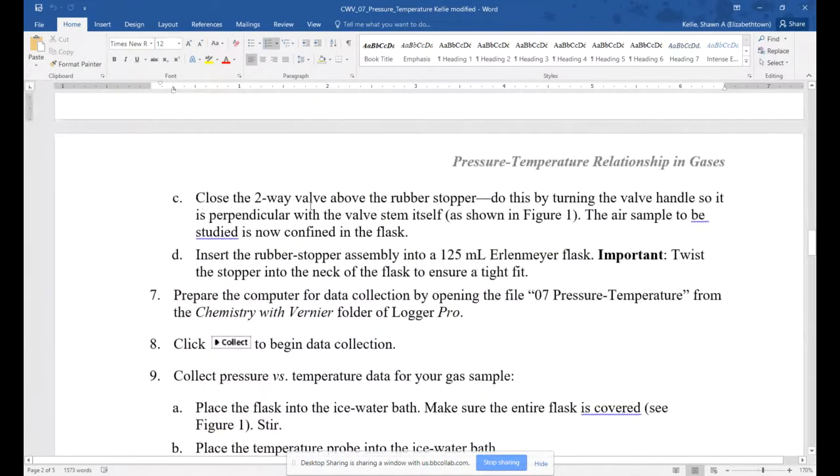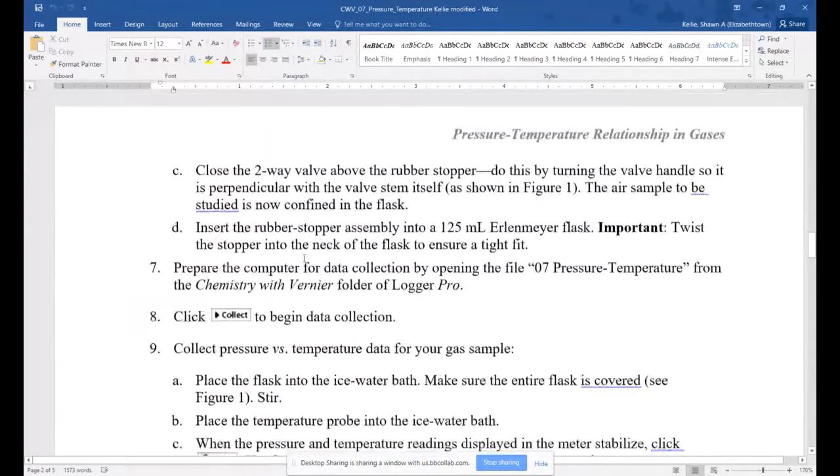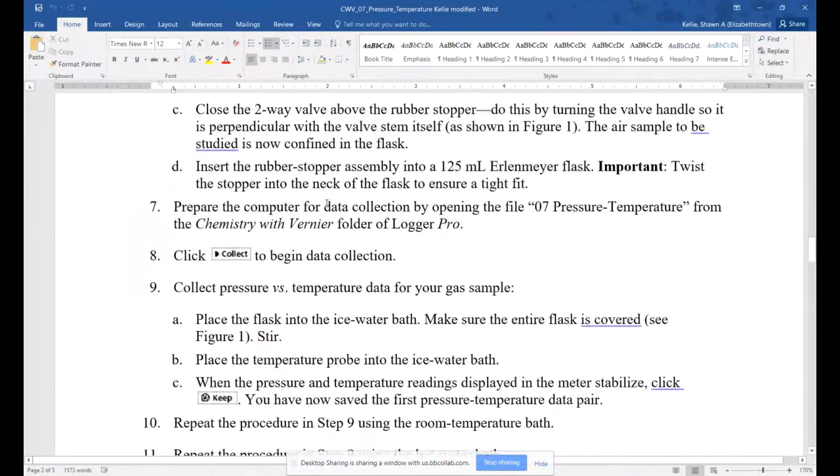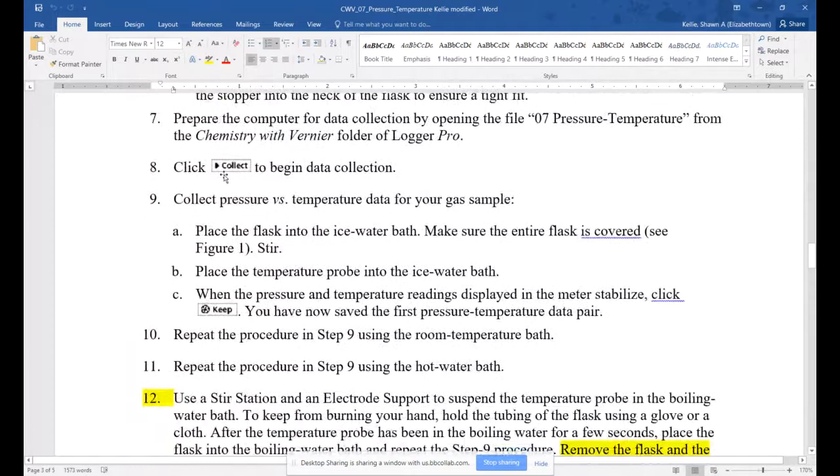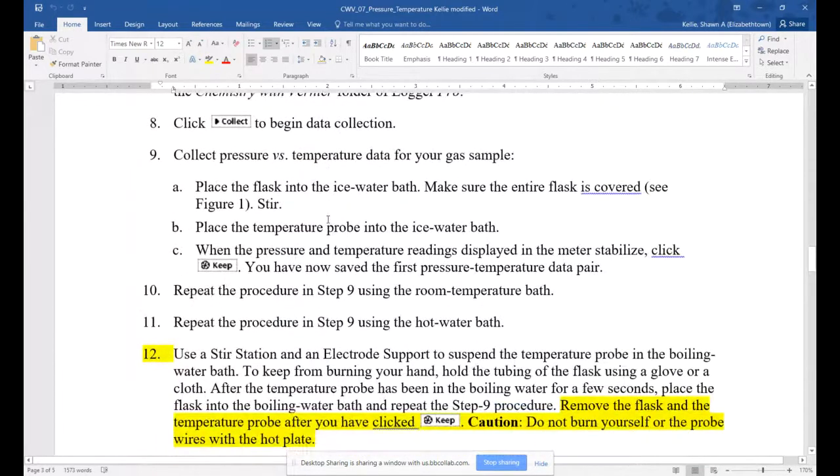Close the 2A valve above the rubber stopper. Do this by turning it so it's perpendicular. So at this point, you're shutting it off. You're keeping that amount constant. Open up the correct computer file, collect data. Notice at no point during this experiment will they ever tell you to open that valve again or remove the stopper once it's started.